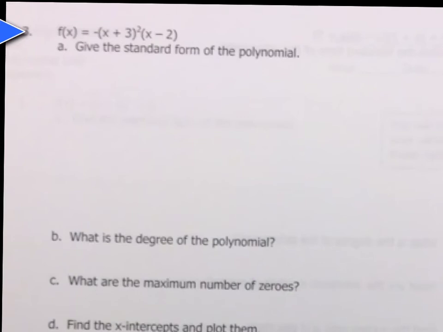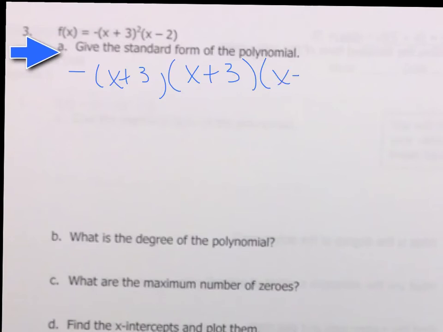Okay, here we are on example number 3, and we have negative x plus 3 squared times x minus 2. So in order to give that in standard form, again, we have to do all this distributing. So let's go ahead and do that. We have negative x plus 3 times x plus 3 times x minus 2. And I like to distribute right away so I don't forget.